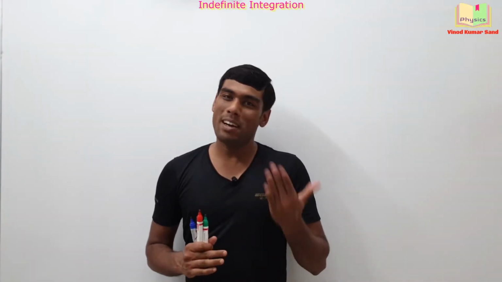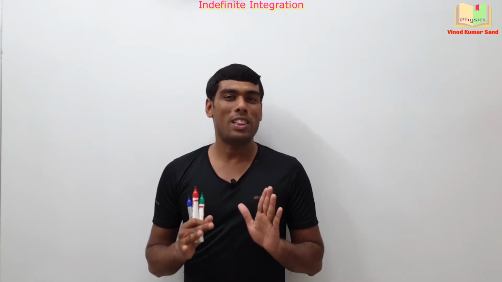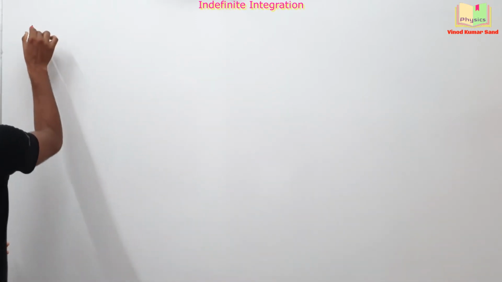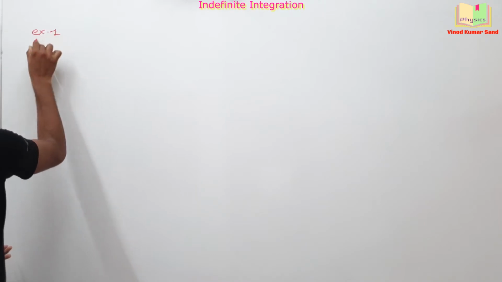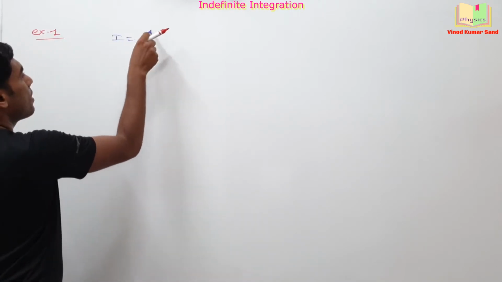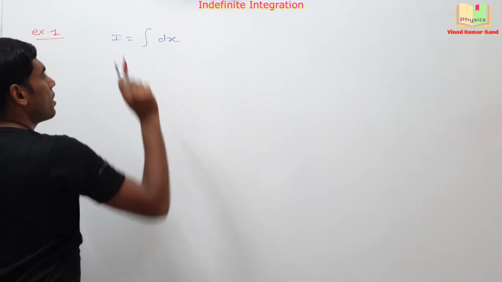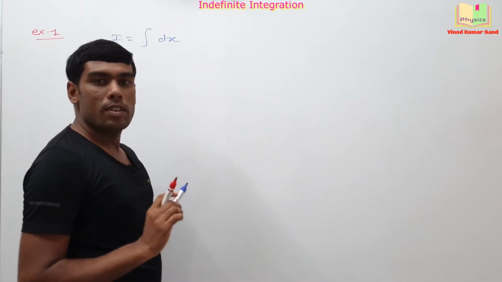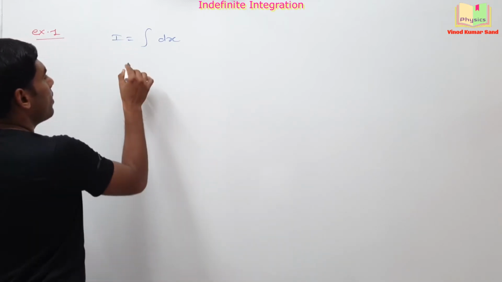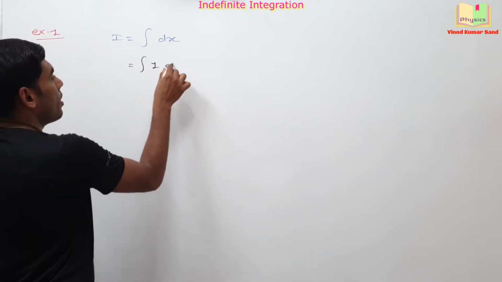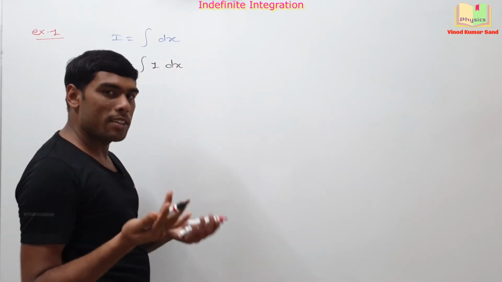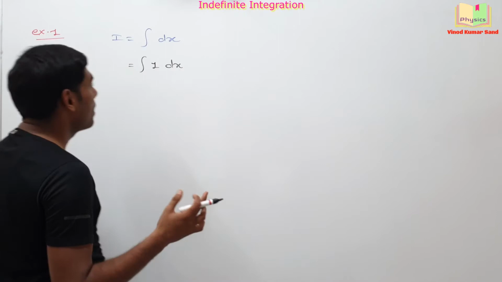Now we'll be taking up a few examples based on all these formulas. So let's initiate. I'm starting with example number 1. Suppose somewhere you find this integration dx. How to operate it? This can be written as 1 multiplied with dx, because multiplication of 1 with anything won't hamper the calculation.